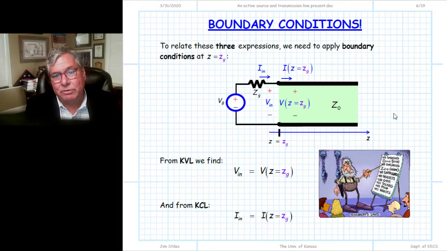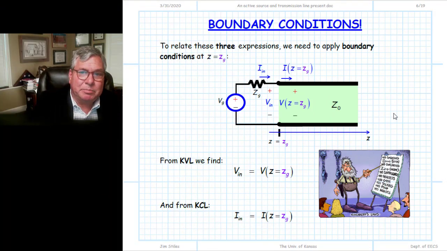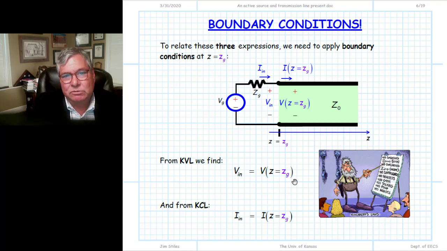Now to apply our boundary conditions, and they're fairly simple, essentially the same boundary conditions we applied when analyzing a terminated transmission line. For the first of the boundary conditions, we use KVL, and that relates the input voltage, the voltage that results at the output of the source, to the voltage at the beginning of the transmission line.